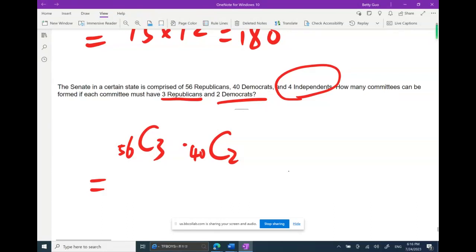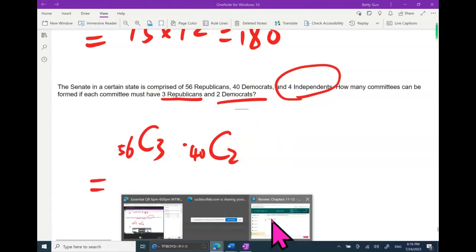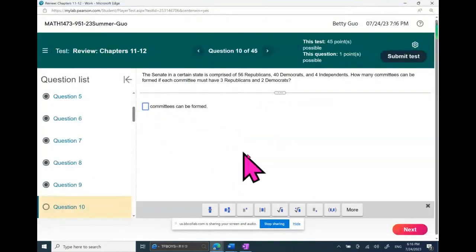So we have a very large number here. The answer is 216,216,100. Let me double check the answer before we submit.